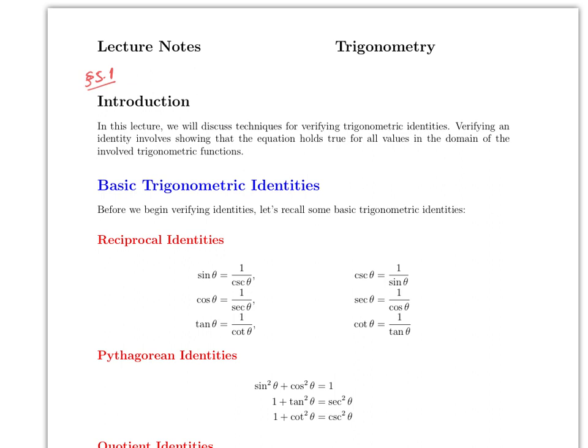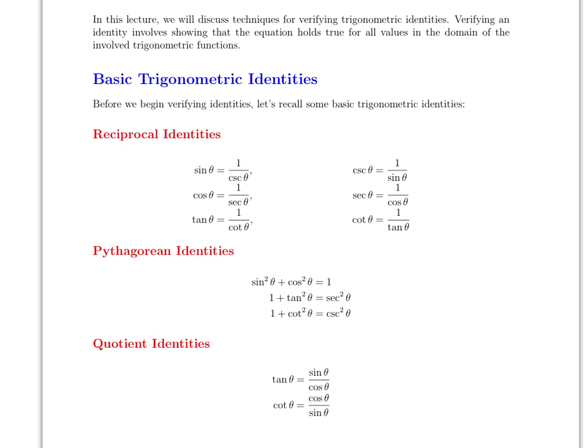Now, to make life easier, it is very important to remember these identities, because technically to verify is just a manipulation of this. Remember that sine is equal to 1 over cosecant, which means cosecant is equal to 1 over sine. And if you combine these two, you could also say that cosecant times sine is equal to 1, okay?